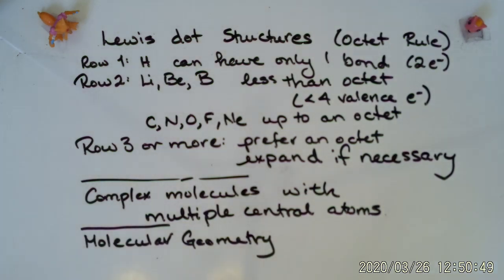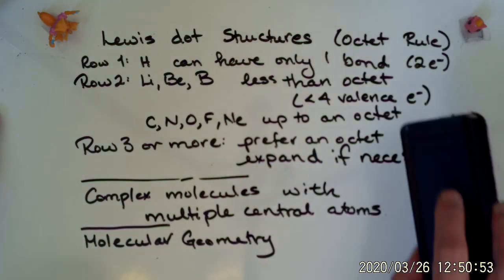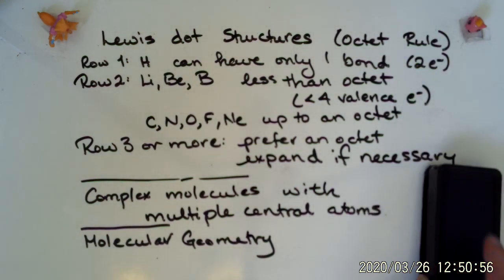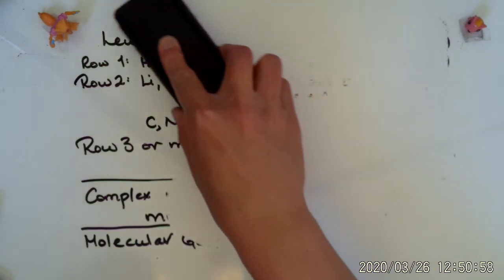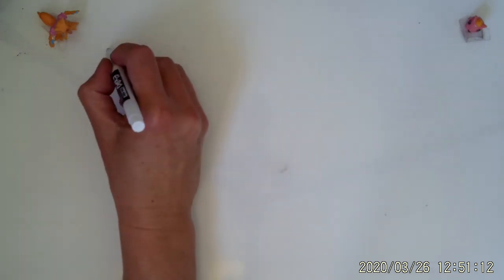Okay? So let's first do an example where we're doing a row 2. So let's do your ozone.